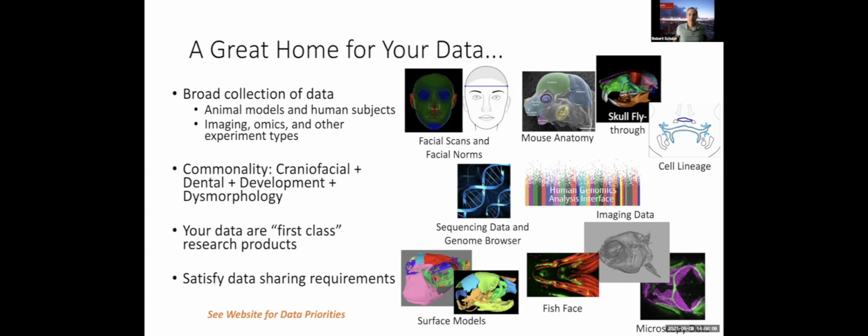So whether you use Facebase or not, your data are first-class research products. Increasingly, the overall community and publishers are helping to make this push to recognize data as a first-class product and outcome of your research. So Facebase gives a home to that as well.